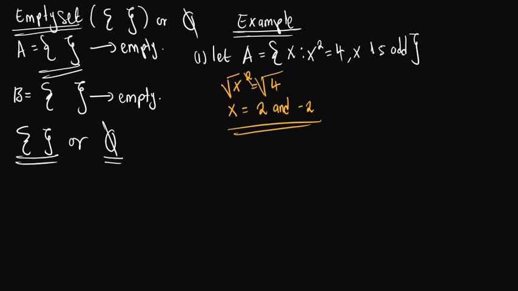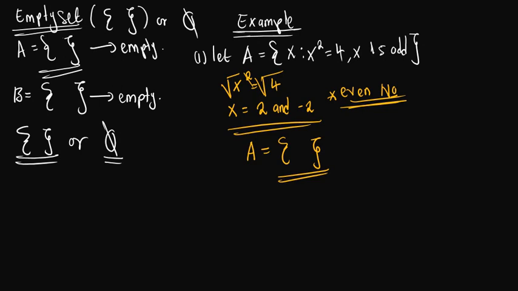Now 2 is an even number. So you discover that there is no odd number in this particular set. Therefore A does not contain anything that has to do with odd numbers. Therefore it becomes an empty set.